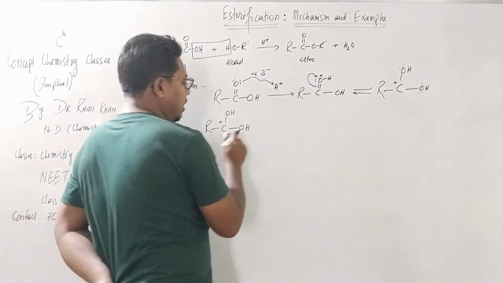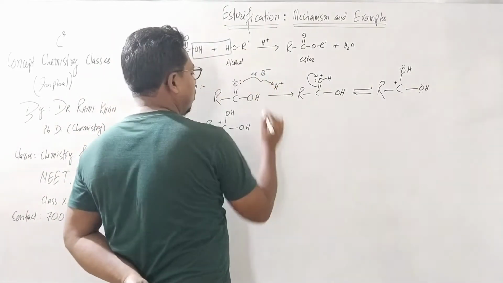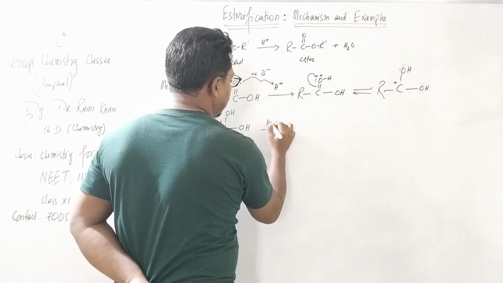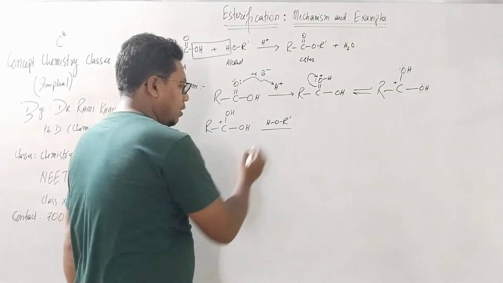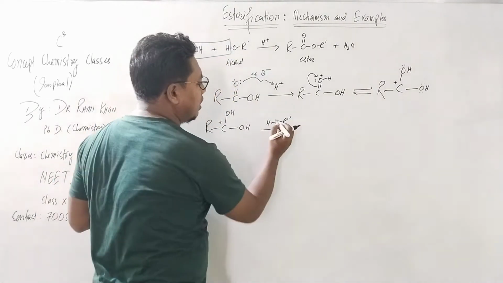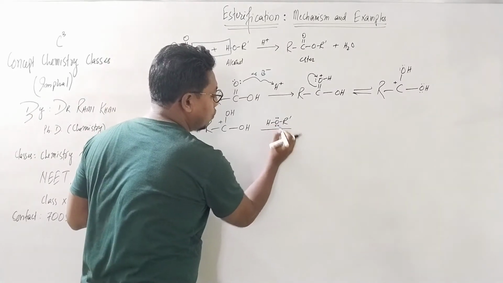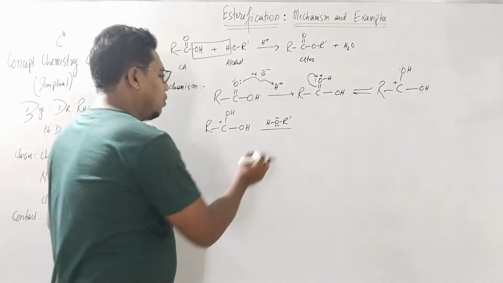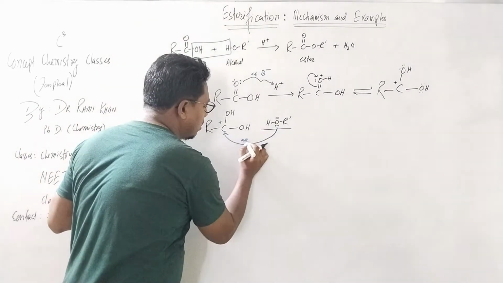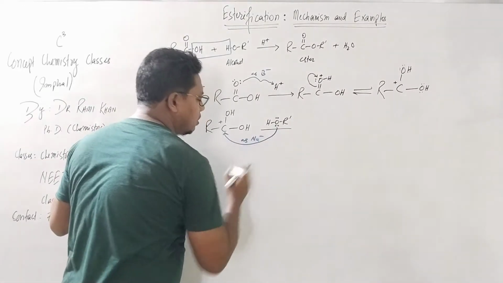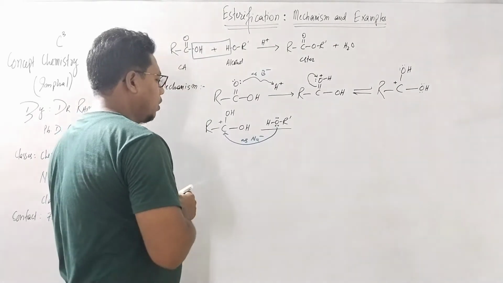To this carbocation, our alcohol, R dash OH, has an oxygen containing two lone pairs of electrons. So this oxygen will attack this carbocation, as here it is acting as a nucleophile, right?